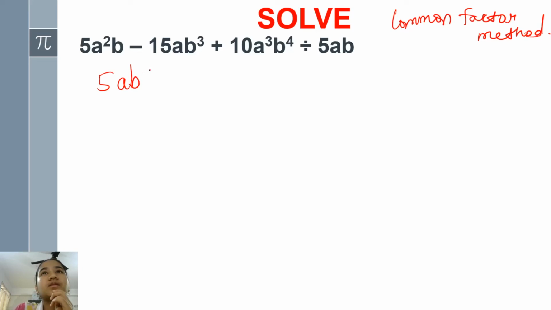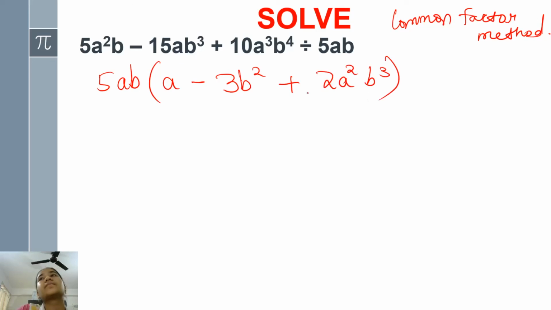Alright, so what will be remaining inside? It will be a, then minus 3b square, plus 2a square b cube, all divided by 5ab.